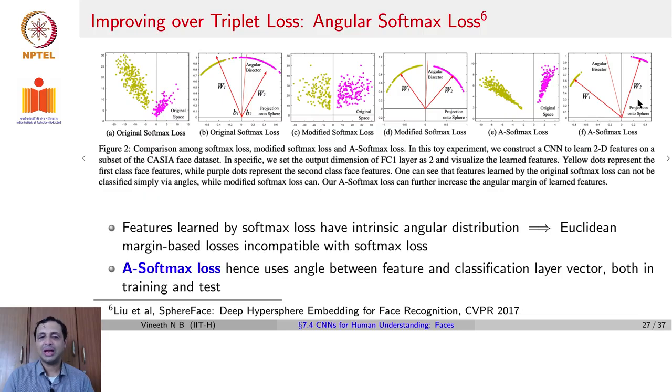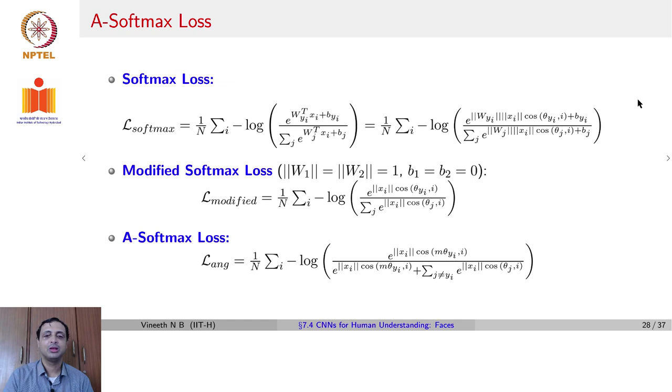So we now look at different definitions of these modified softmax losses. So the original softmax loss can be written as e power Zi, which would have been the logits of the neural network, but those logits can be written as W x_i plus b, where x_i's are the activations of the layer before applying the softmax.